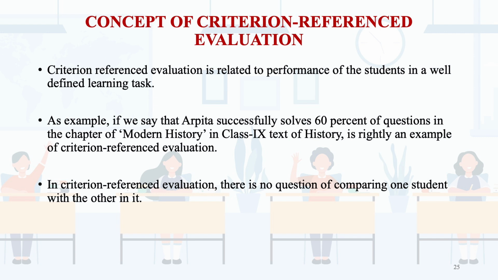Okay, so here we are not concerned about the performance of others. So in this way, in a criterion referenced test, the performance of the learners is compared or analyzed or defined in a well-defined learning task. And further, in criterion referenced evaluation, there is no question of comparing one student with another.